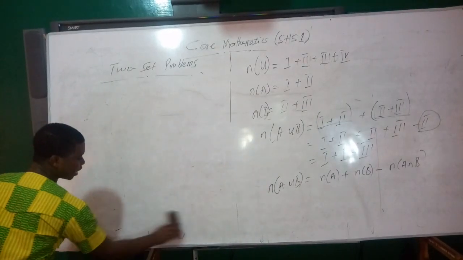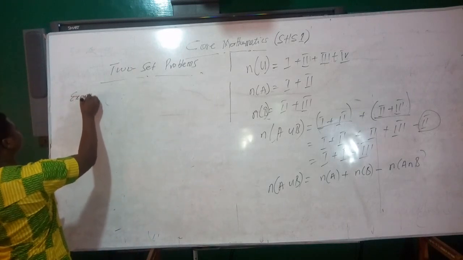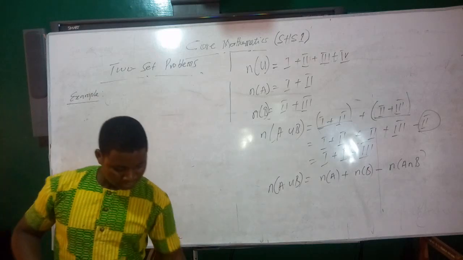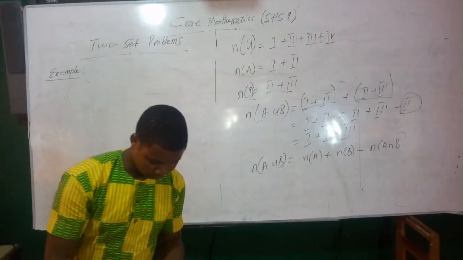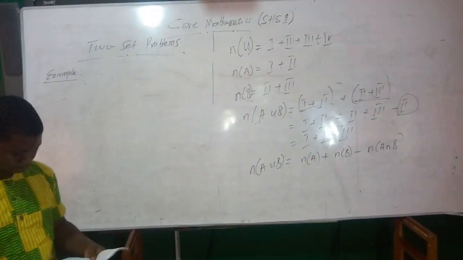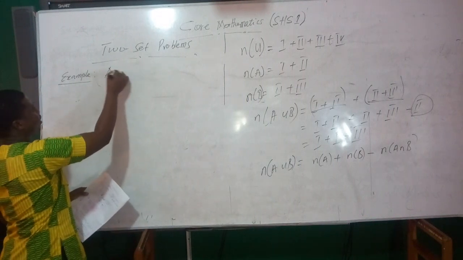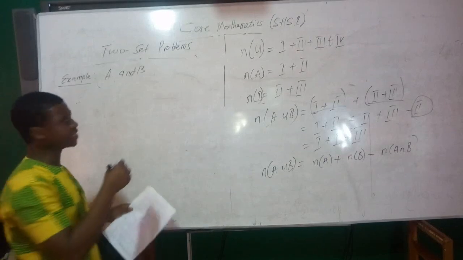So let's look at the example. I'm writing the example on the board. A and B are two intersecting sets.